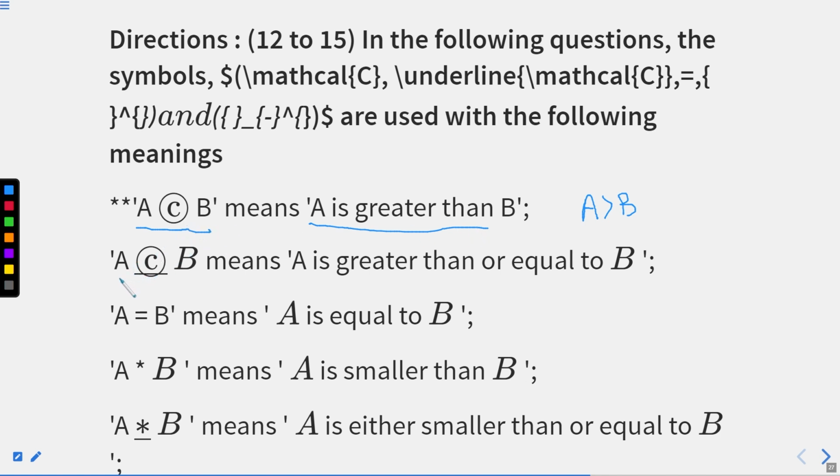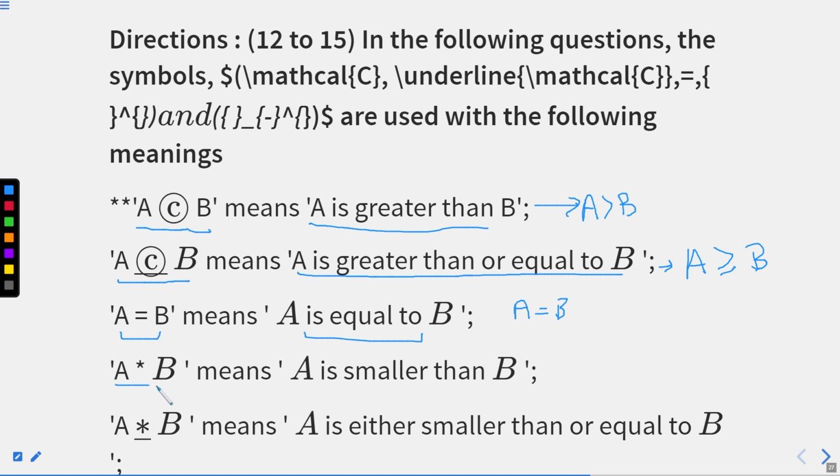Now again, A underlined copyright B means A is greater than or equals to B. This implies A is greater than equals to B. Just mark it and write the conclusion that we are getting from each and every expression that we have, right? The third expression says that A equals to B means A equals to B. There is no change in it. So what is this? A equals to B. This is what we are getting from the expression.